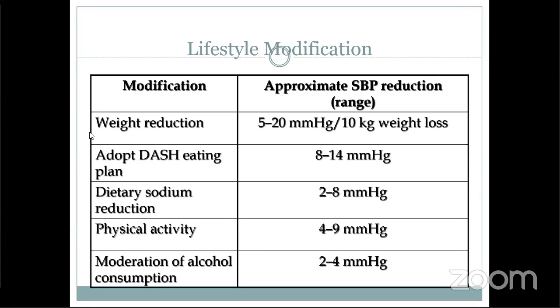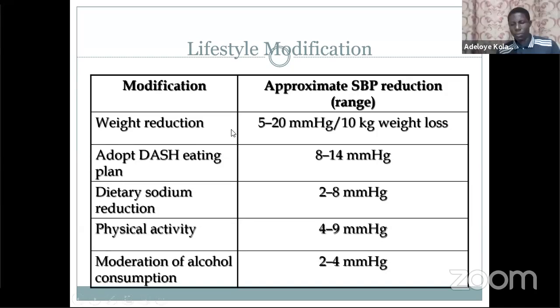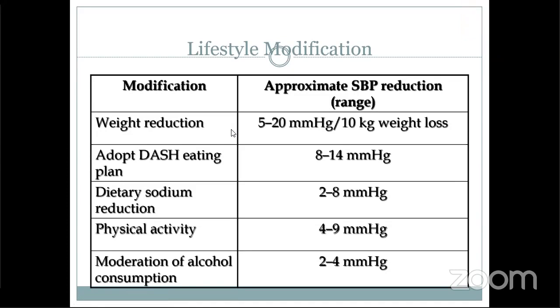So let's talk about the lifestyle modification. Weight reduction is very, very important. In other words, people who are obese, that is when you look at your weight in kilograms divided by the square of your height in meters, if it is more than 30 kg per square meter, that is obesity. If it is between 25 and 29.9, that is overweight.